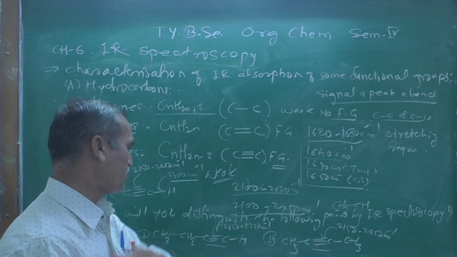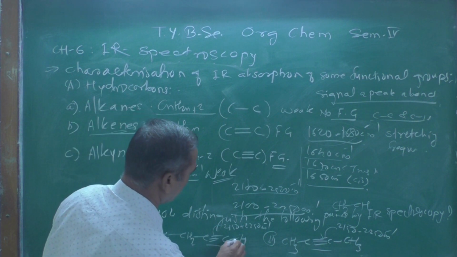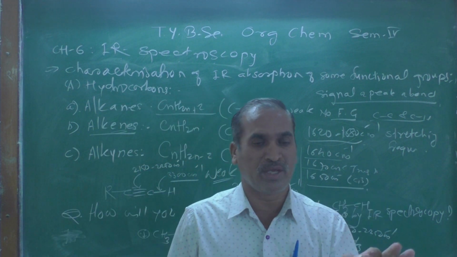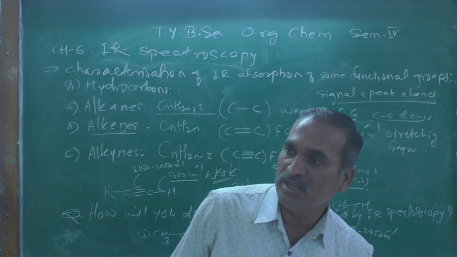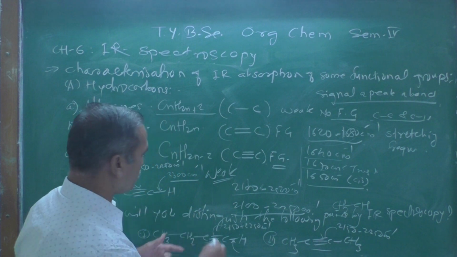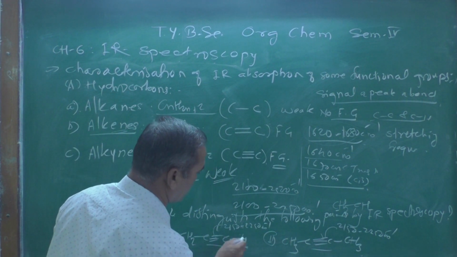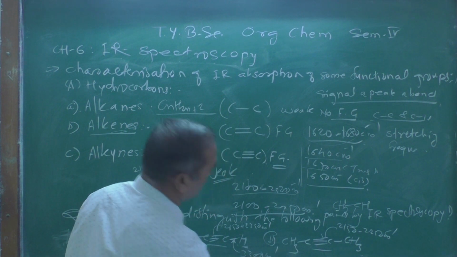But in addition to that, in compound one, there are two peaks, one due to the carbon-carbon triple bond and one due to the acetylenic CH, which is around 3300 per centimeter.